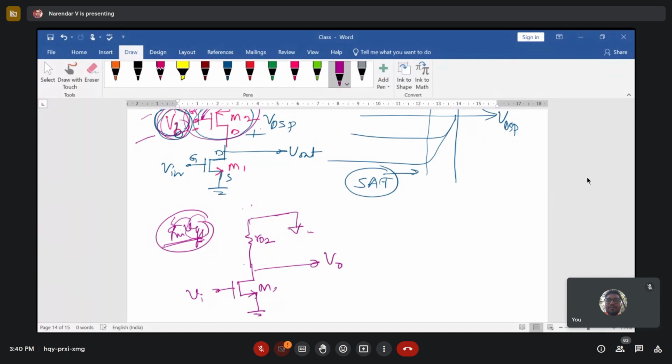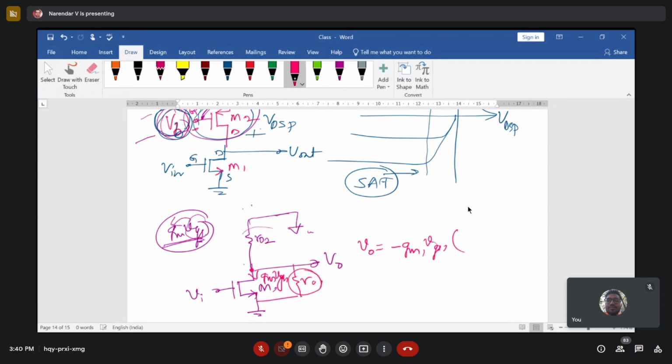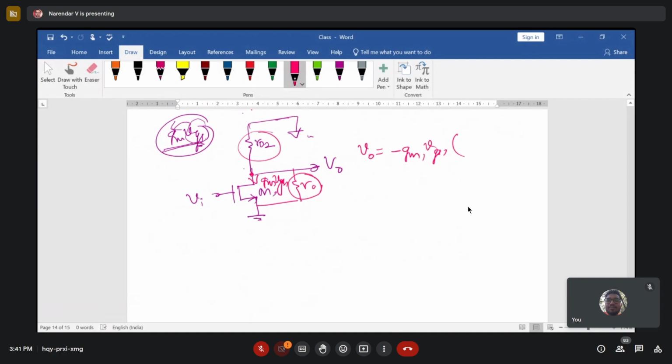Now if you take resistance r01, and this is gm times VGS1, then you have the analysis of your circuitry. V0 equals minus gm1 times VGS1, right? And these two resistors r01 and r02 are going to be in parallel if you draw the small signal equivalent model. Let me finish it here.